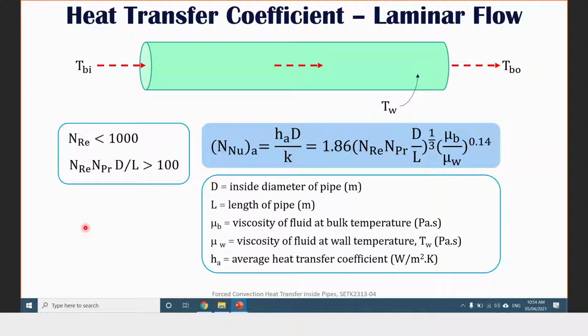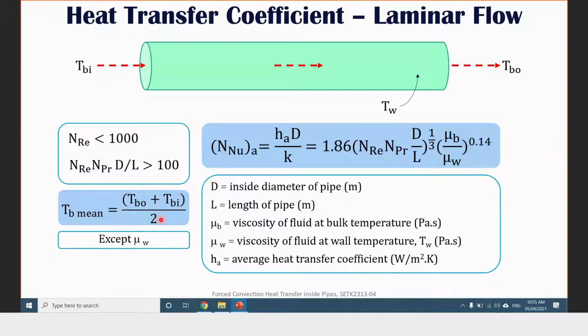Once you have the heat transfer coefficient, everything other than mu wall, the viscosity of the fluid at the wall temperature, is considered to be at the condition of the mean bulk temperature, which equals the bulk temperature of fluid going out plus the bulk temperature of fluid going in, divided by 2. Except, as I've said, for the viscosity of the fluid at the wall temperature.